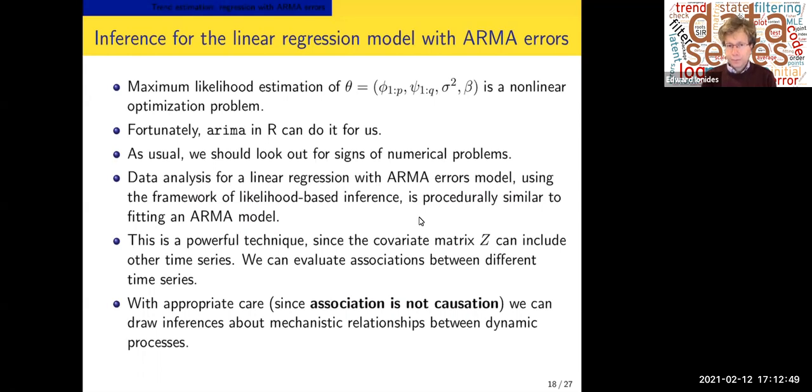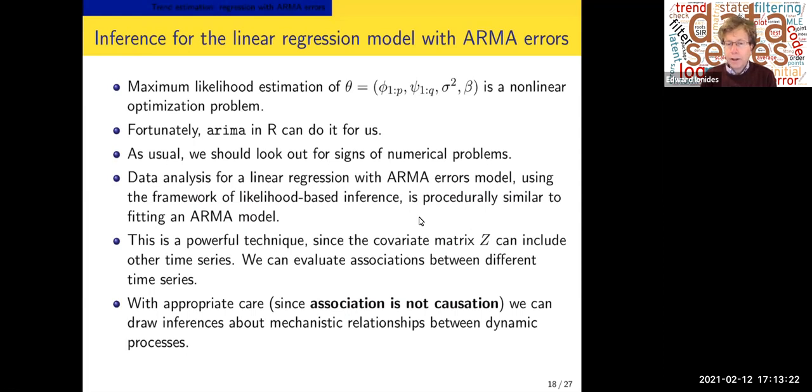And as usual, we should look out for signs of numerical problems. We can look for likelihoods that don't satisfy nesting conditions, for example. But basically, data analysis for linear regression with ARMA errors follows the same path as fitting an ARMA model if you use this likelihood-based framework.